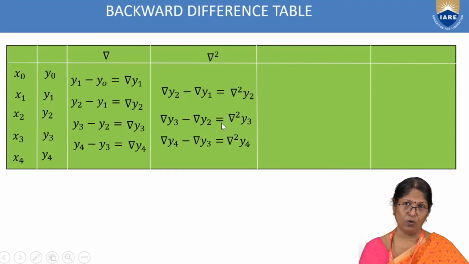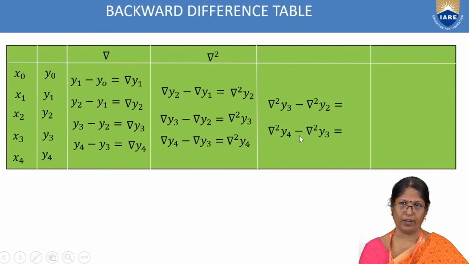Now we will march towards the third backward difference. The difference del square y3 minus del square y2 is written here. The next one is del square y4 minus del square y3. For this column, the operator is del cube, because this is the third backward difference.